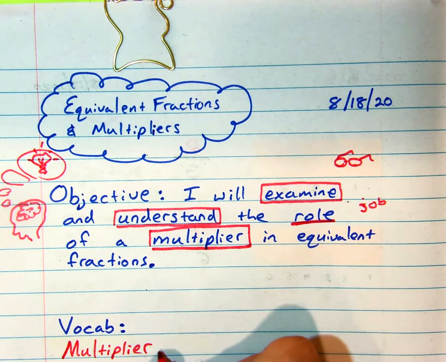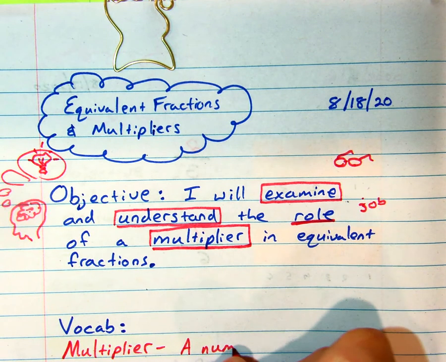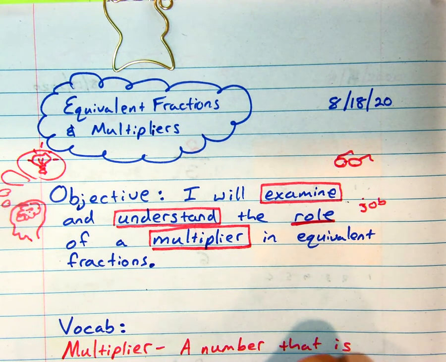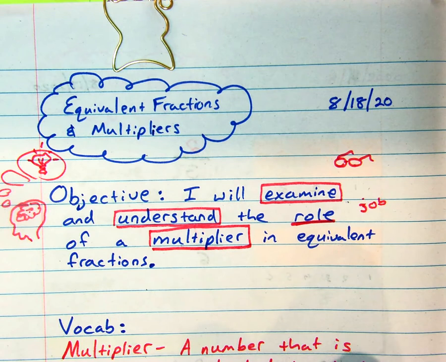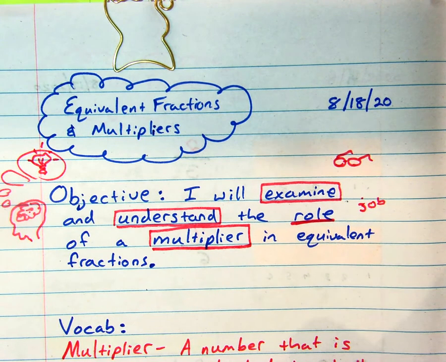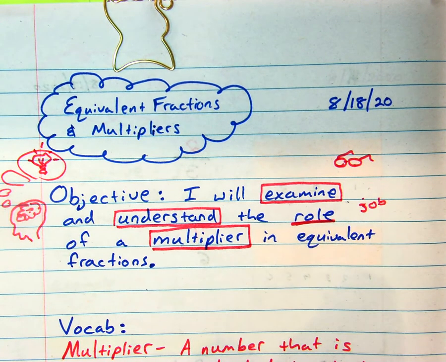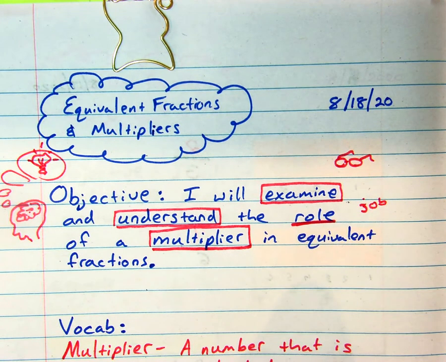When I'm talking about a multiplier, it is a number that is multiplied by both numerator and denominator to make, it's a long one, equivalent fractions.